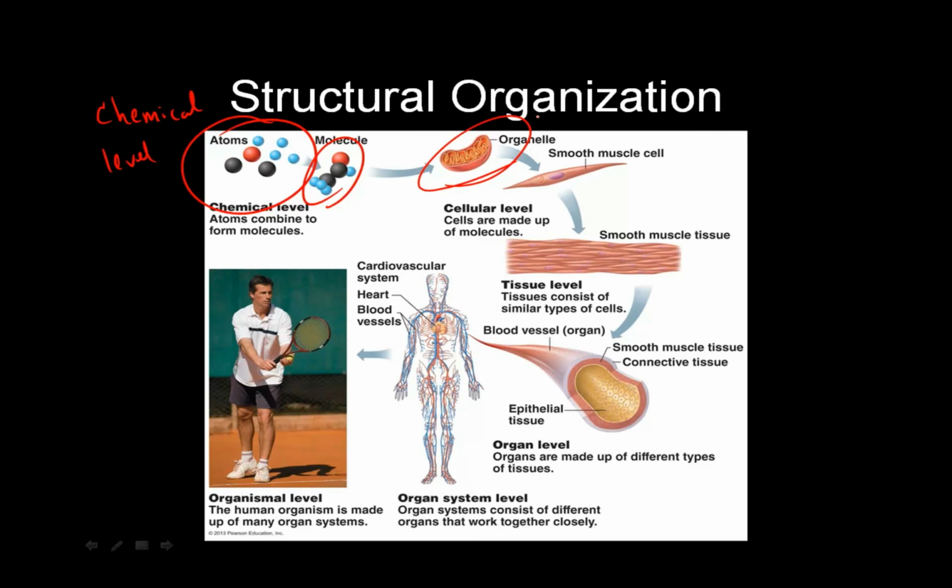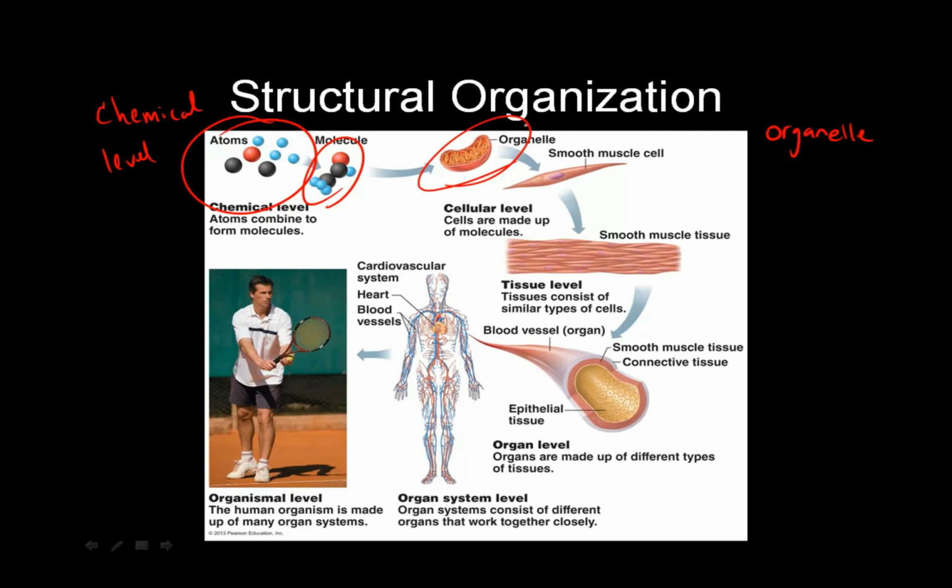Okay, organelles. Now, the organelle level, when you look at that term organelle, everybody knows what the term organ means. We have a basic understanding of what an organ is, but if you put ELL at the end, that means little organ. So a little organ would be something that you find inside of a cell that has a specific function, like this organelle that they're showing here called a mitochondrion, or you think of the nucleus, or the Golgi complex, or ribosomes.